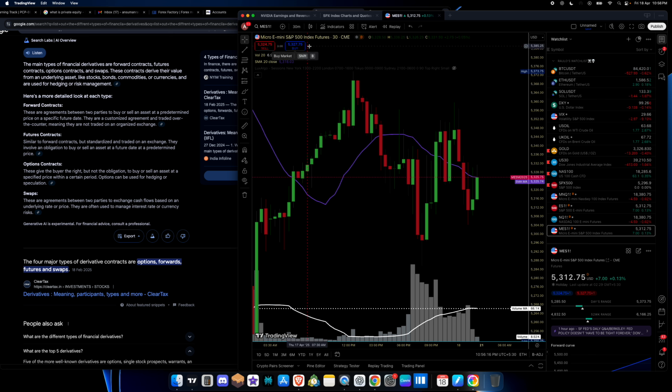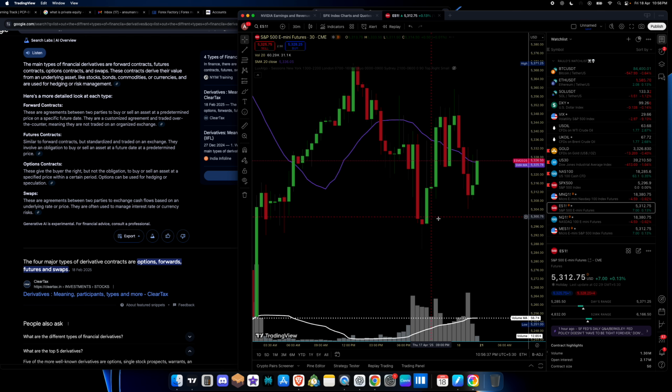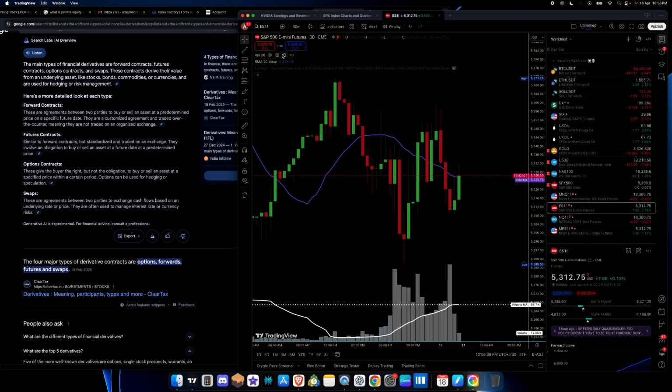So basically, these are the futures contracts. The MES stands for Micro E-mini S&P 500 index futures, meaning the futures contracts of the S&P 500 index. This one stands for the E-mini futures of the Nasdaq 100, and the ES also stands for the E-mini of the S&P 500.